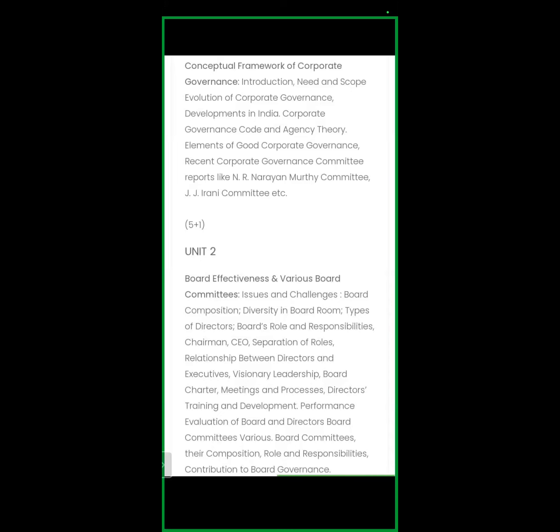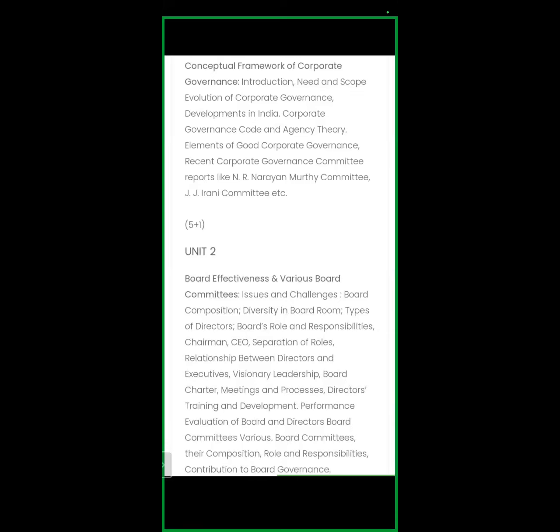How does a person become a shareholder? What are the rights of a shareholder? There are certain rights given. What are those rights? Rights of small shareholders and rights of large shareholders. That we will be discussing in unit number 3.